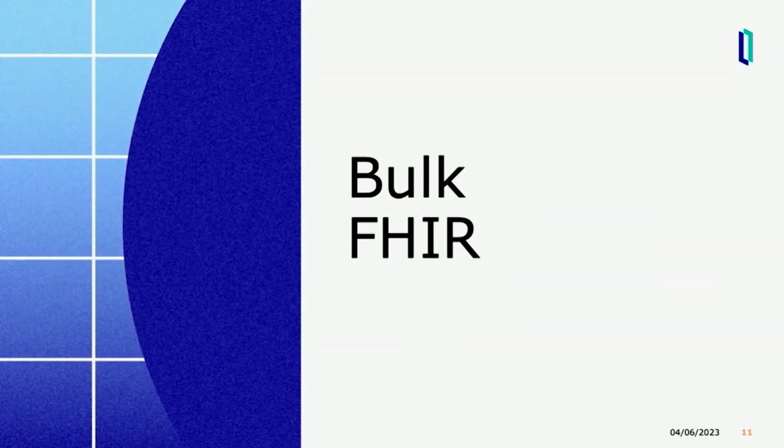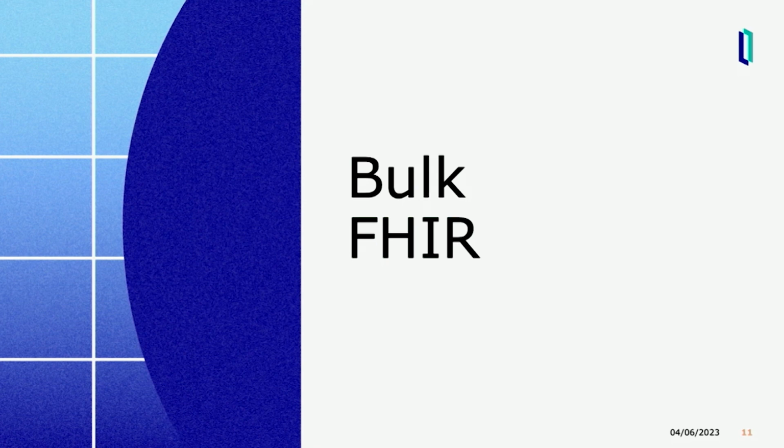So bulk FHIR. Bulk FHIR is large data sets for FHIR. Very importantly, in the US, the end of this year, all EHRs will be required to be capable of bulk FHIR export.